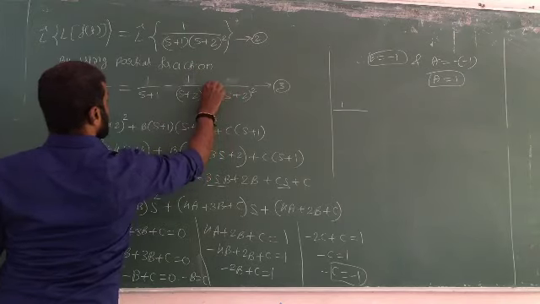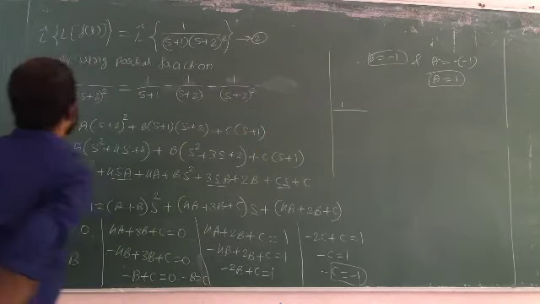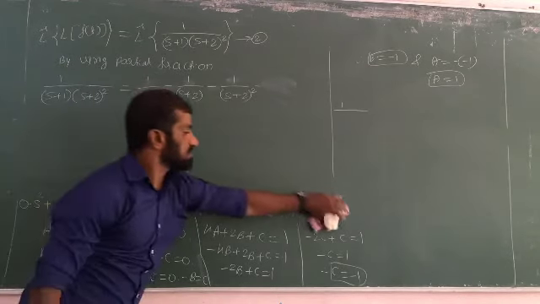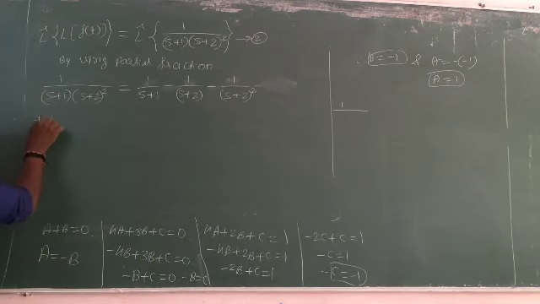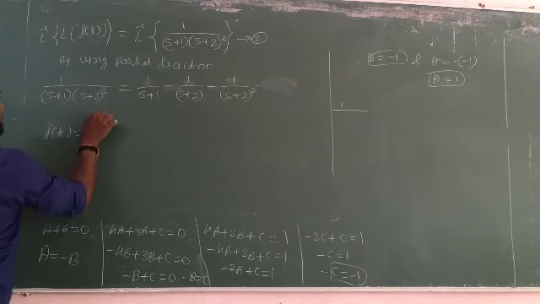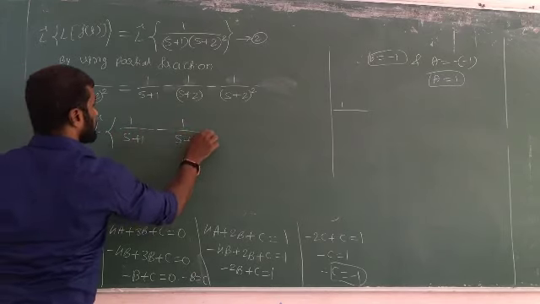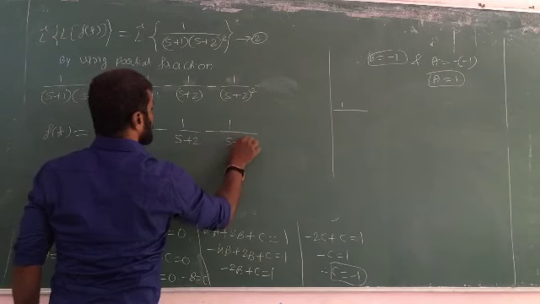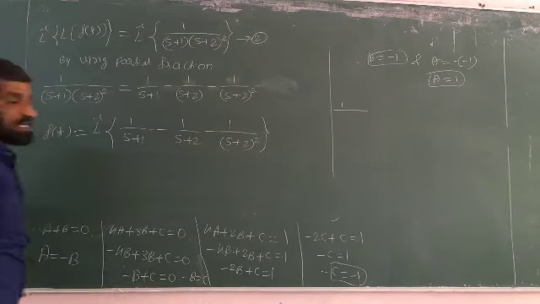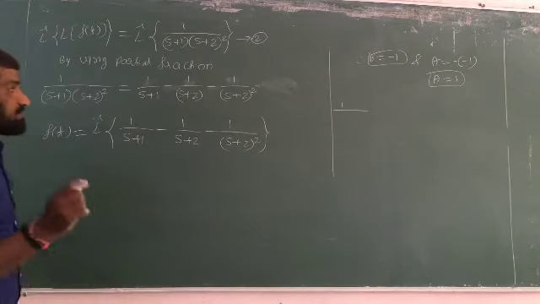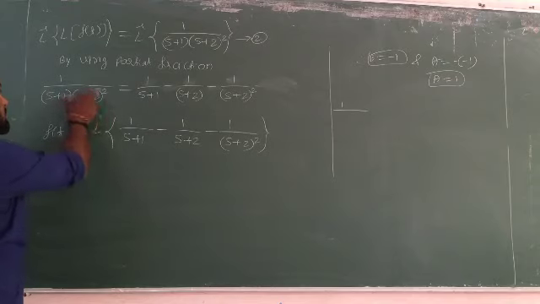Now we have to apply the inverse. So the above equation becomes L inverse of, where L of f of t is f of t: L inverse of 1 divided by s plus 1, minus 1 divided by s plus 2, minus 1 divided by (s plus 2) whole square. Apply L inverse individually. Take the a, b, c values and substitute them in equation 3.